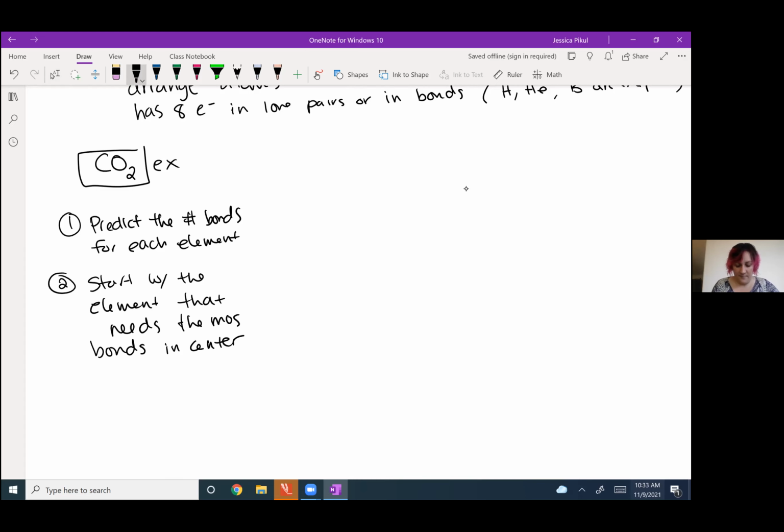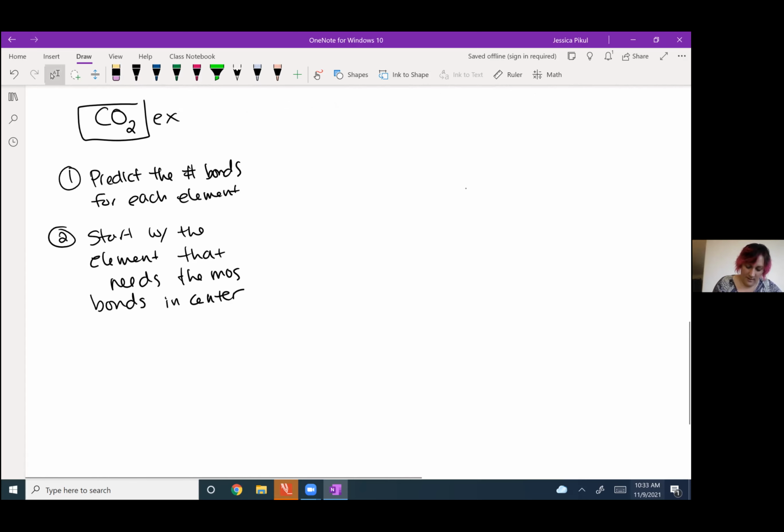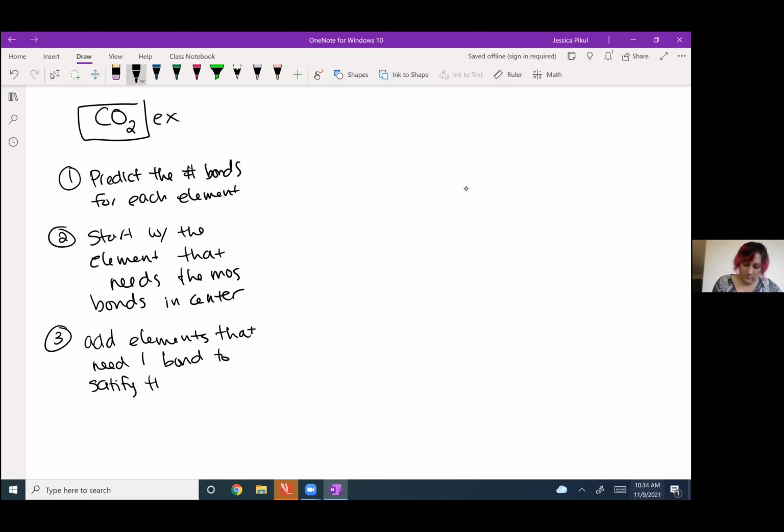And then I'm going to add atoms around that that need fewer bonds. I'm going to add elements that need only one bond to meet the octet rule last. And before that, I'm going to figure out if I need any multiple bonds.